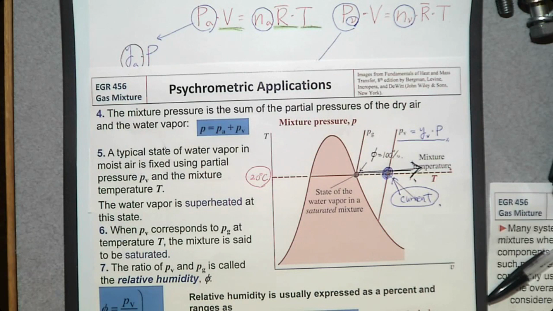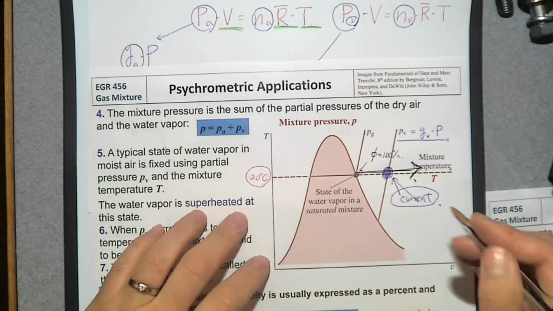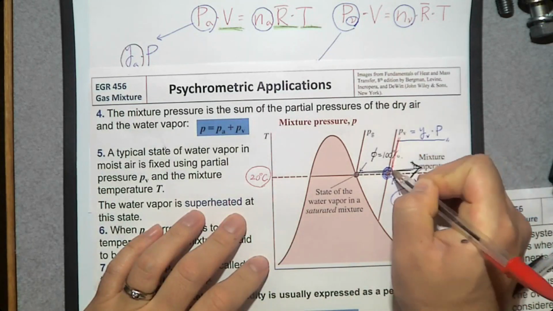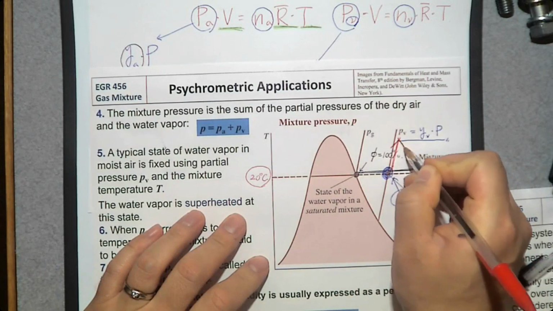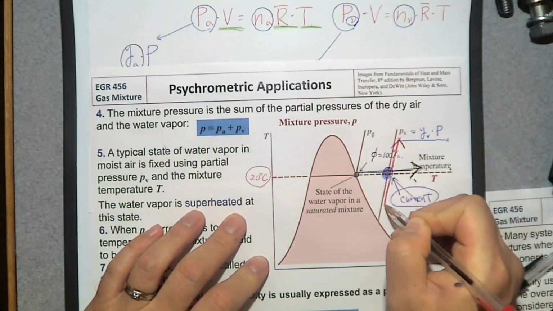So as long as you have constant pressure, the state of the water vapor in this classroom is going to move this way if you increase the temperature, or this way if you decrease the temperature.